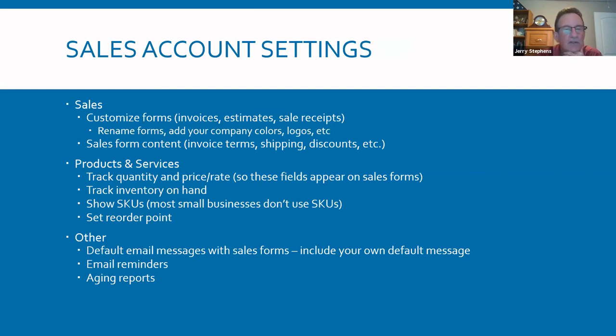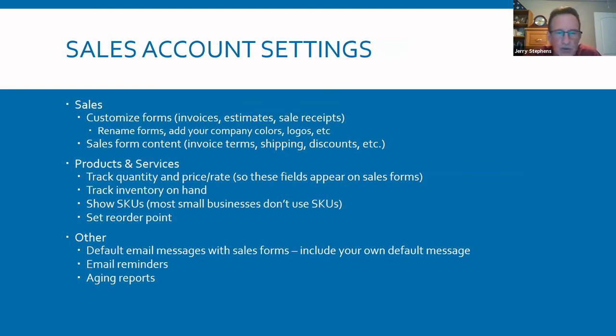On the sales side of QuickBooks, you're able to customize forms. It has standardized forms that you can start with, but you can customize those, and those would be invoices and estimates and sales receipts. You can rename forms if that fits better into your business.